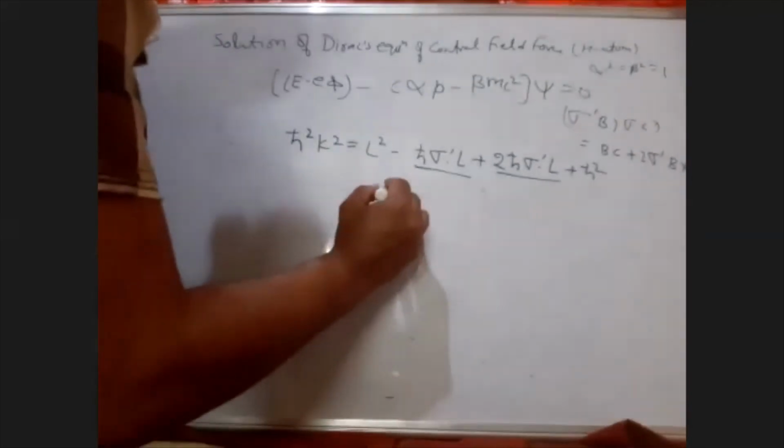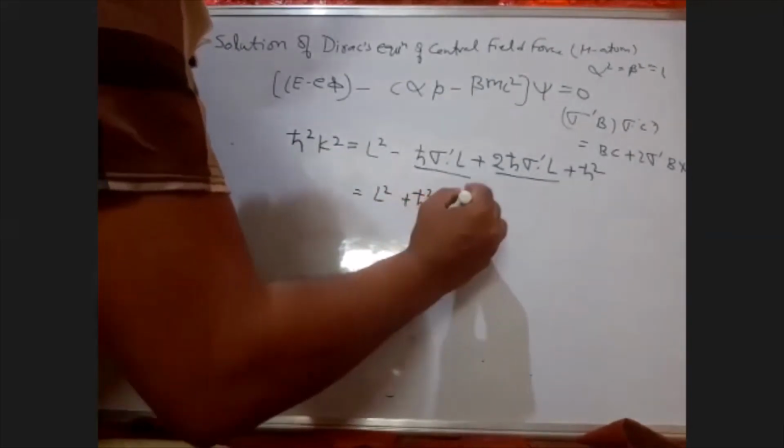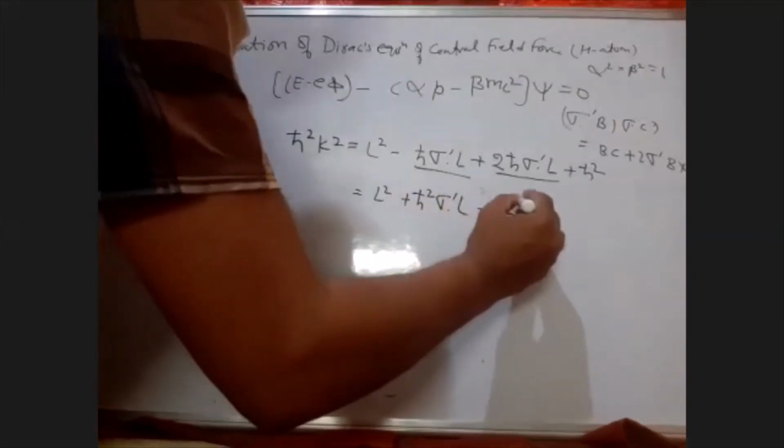This minus this gives L square plus h cross sigma dash dot L plus h cross square.